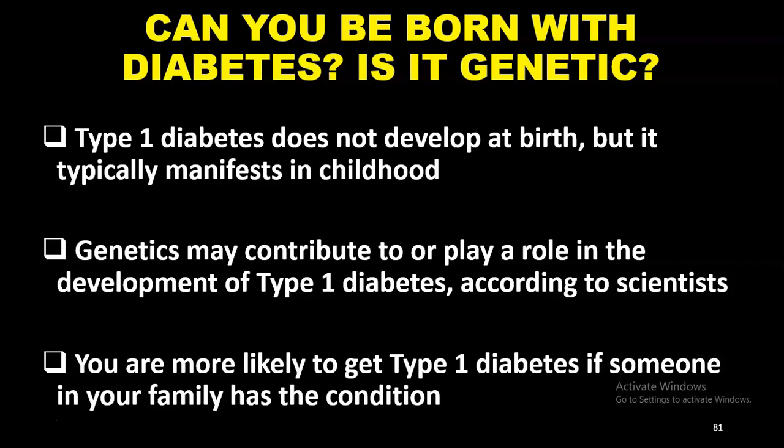Genetics may contribute to or play a role in the development of type 1 diabetes, according to scientists. Its development could be prompted by a virus or something in the environment. You are more likely to get type 1 diabetes if someone in your family has the condition. You run a higher chance of getting prediabetes, type 2 diabetes, or gestational diabetes if your family has a history of any of these conditions.